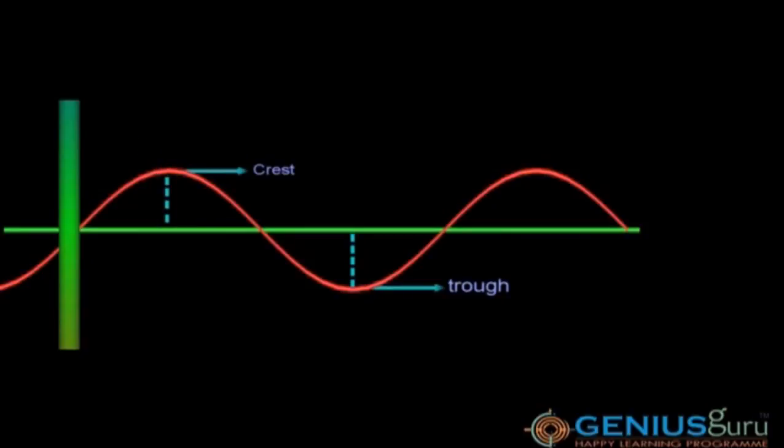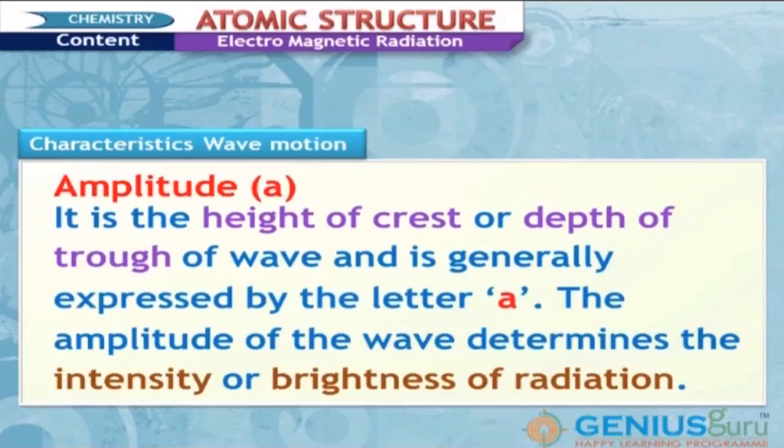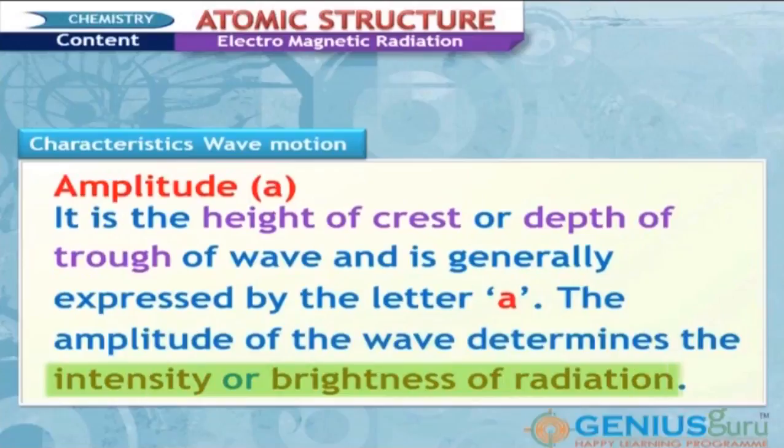Similarly, we take it for the trough also. This also indicates the amplitude. Now, what is the significance of this amplitude? The amplitude of the wave determines the intensity or brightness of the radiation. This is about the amplitude.